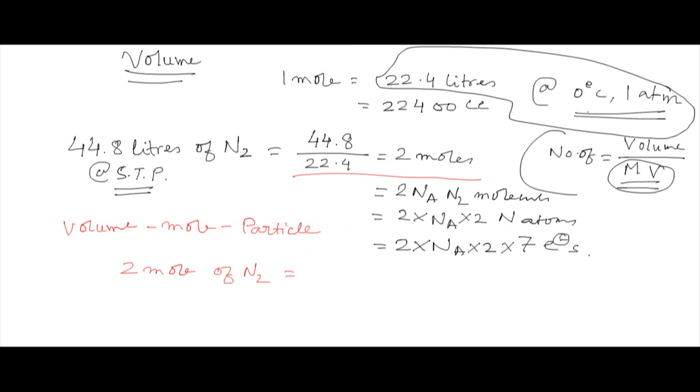So in case of 2 moles of N2, it is 2 into the molecular weight of N2, because 1 mole is equal to the molecular weight, so 2 into 28. So it is 56 grams. So now I have connected the mole with weight also.